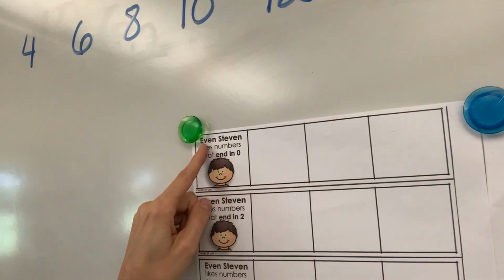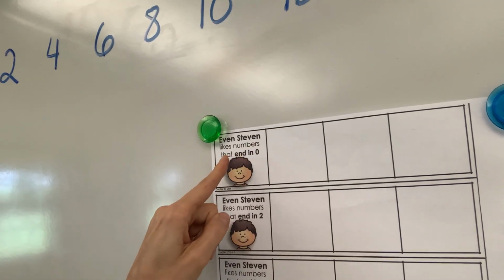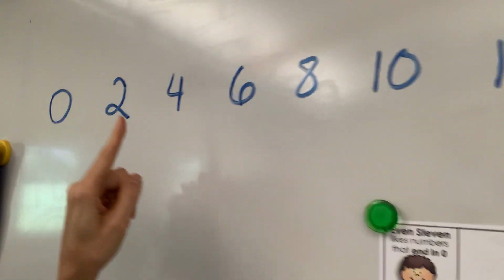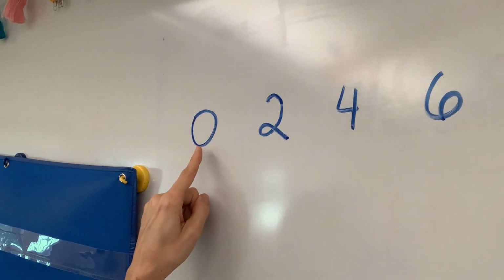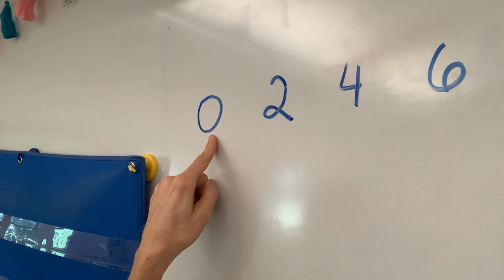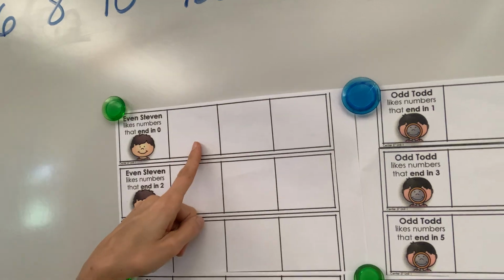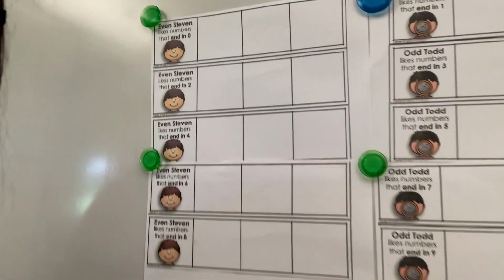So, Even Steven likes numbers that end in 0. All right, so he likes this one. So we could write that one right here. Let's go ahead and write it together.